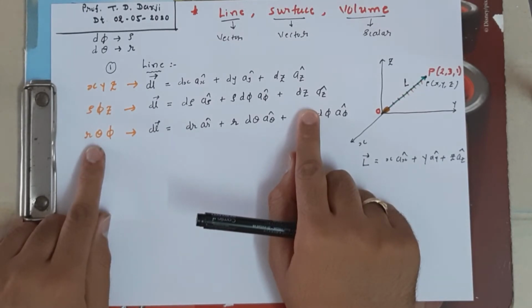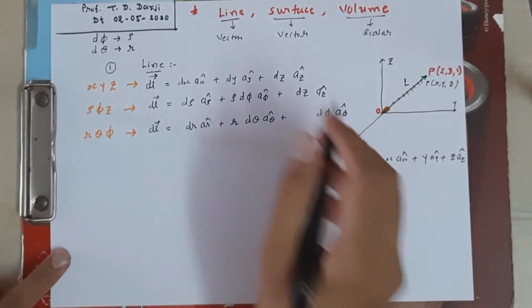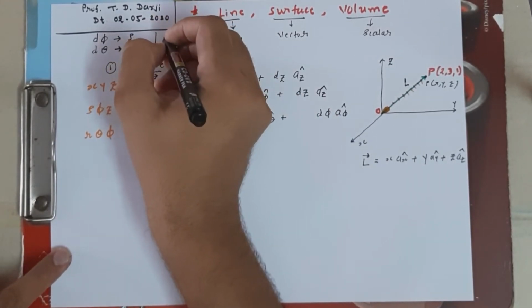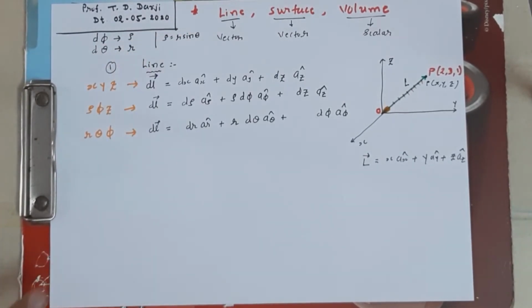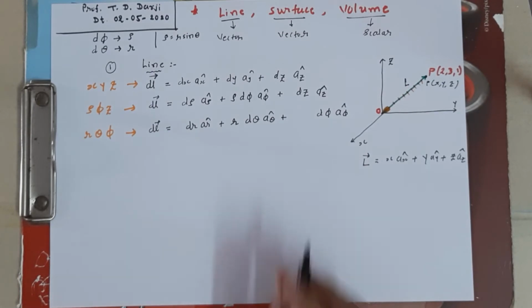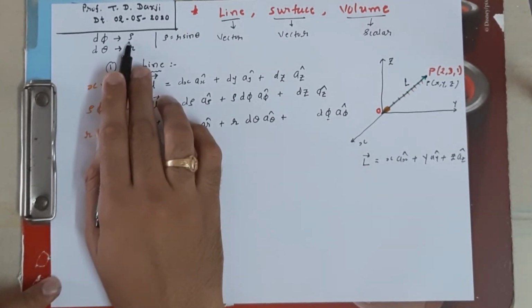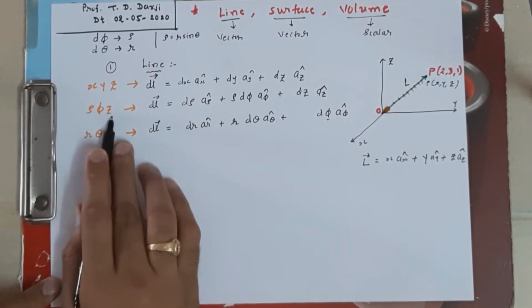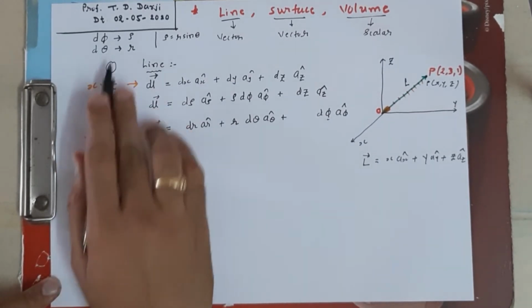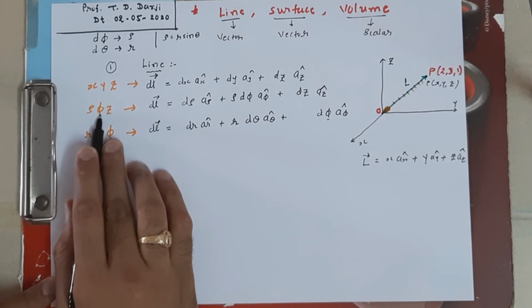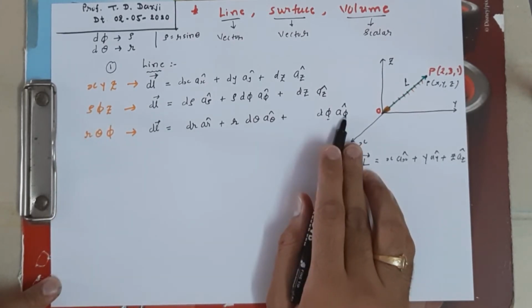But I have to write the equation for the spherical coordinate system, and in the last lecture we derived the relationship between the cylindrical and spherical coordinate systems. As we know, rho is equal to r sine theta. Since the d phi term is present, I have to put rho, but rho is a variable of the cylindrical coordinate system and this equation is for the spherical coordinate system.